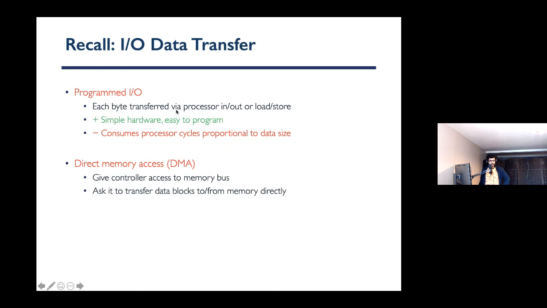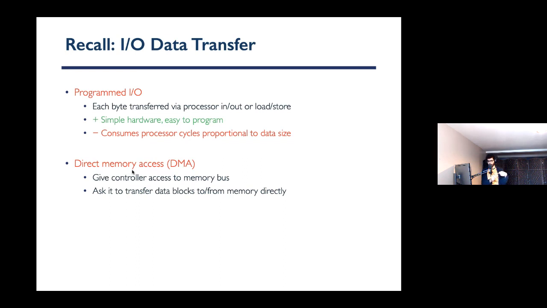So we talked about direct memory access, DMA, at the beginning of the term, if you remember, which was kind of like a way for us to save CPU time. So instead of the CPU transferring every byte between CPU and the memory, we have a DMA engine.